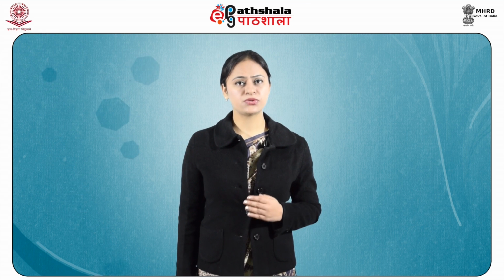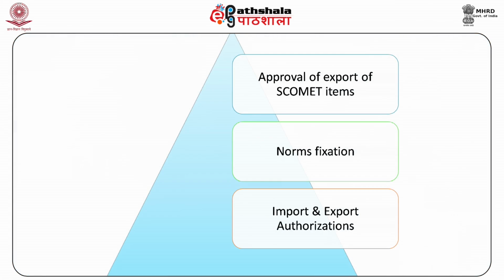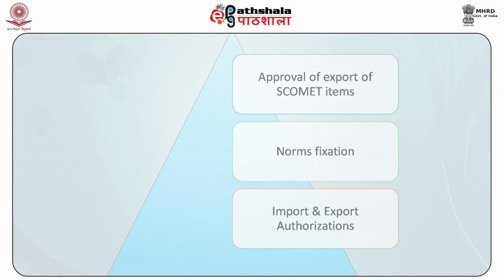Fourth, online inter-ministerial consultations. EXIM policy proposes to have online inter-ministerial consultations for the following purposes in a phased manner. Approval of the export of SCOMET items, norms fixation, import and export authorizations.